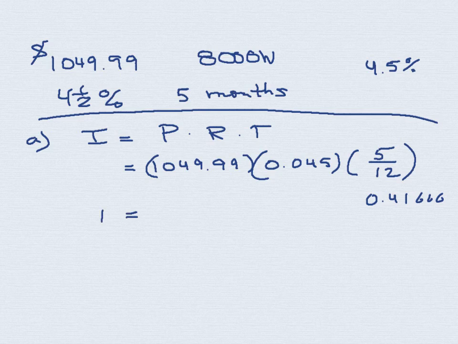If you do all that, you should get an answer of roughly 19.6873. That's money. I am never going to tell you how to round money. So your job then is to take the 7, round the 8 up to $19.69.